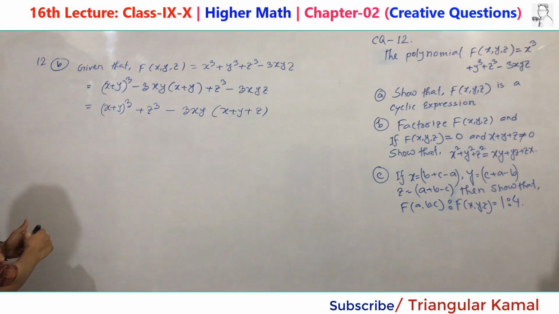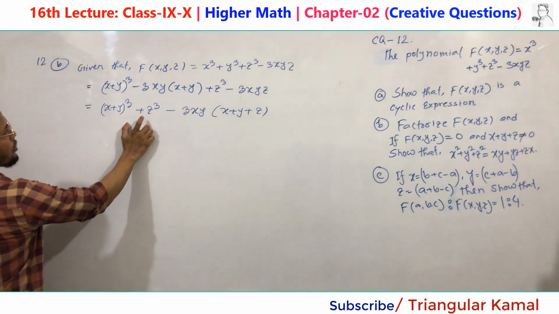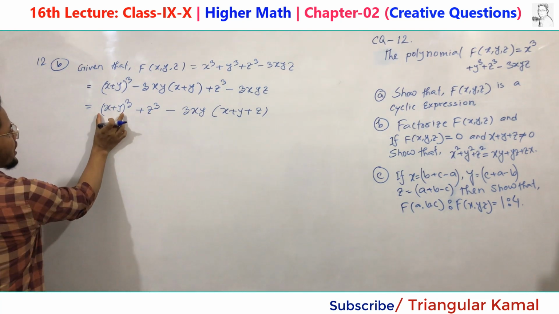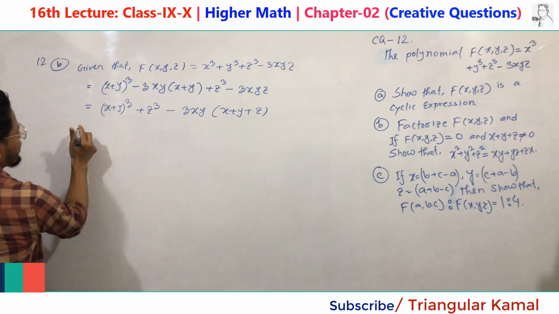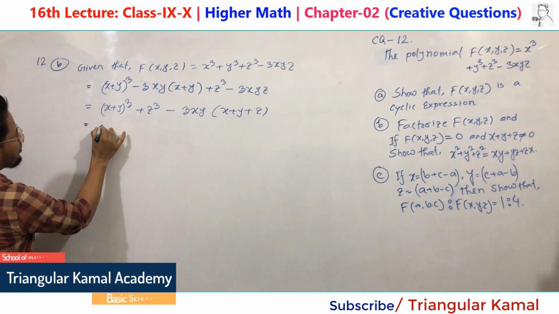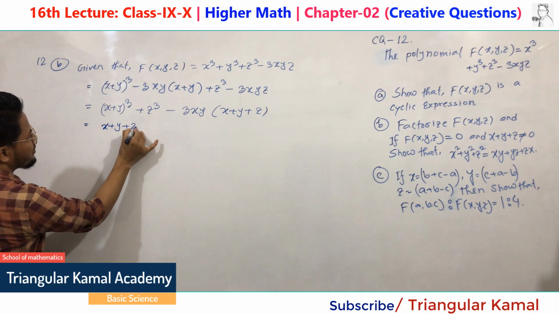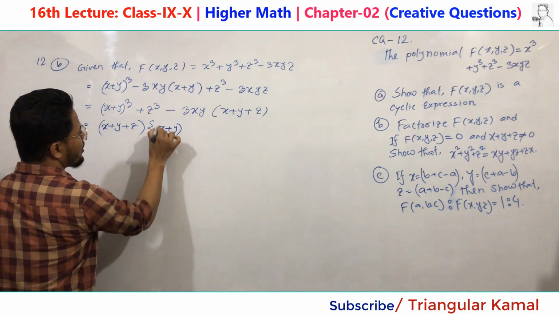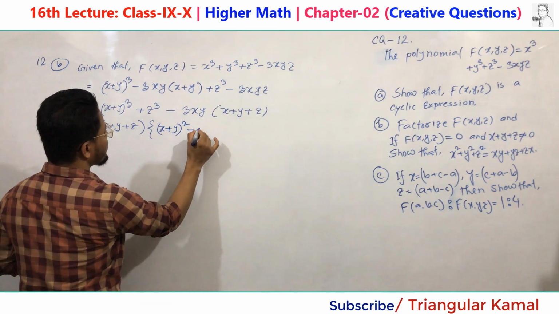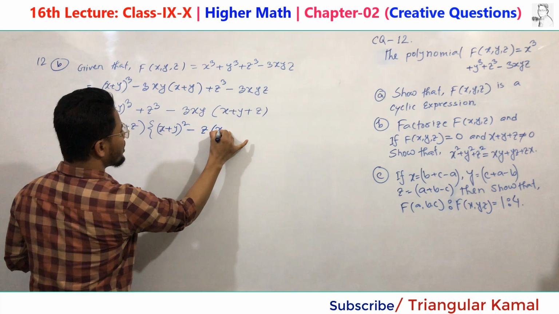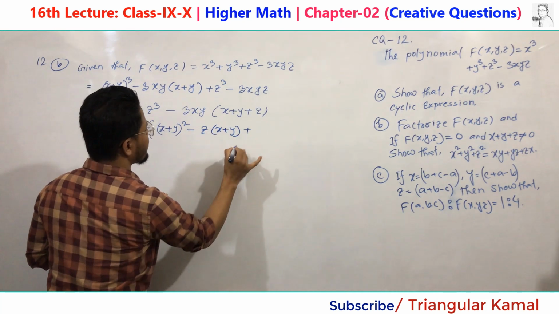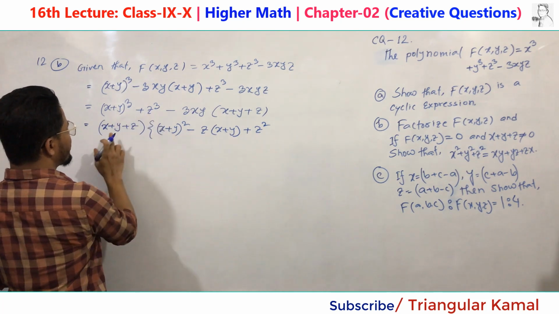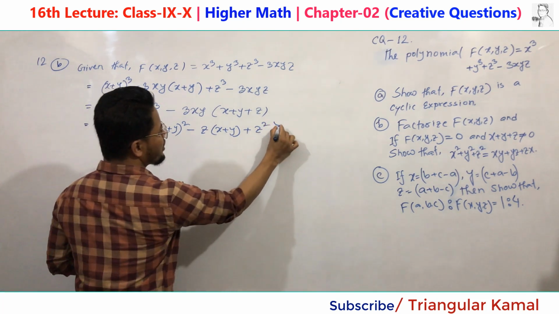Now what you see here is x plus y whole cube plus z cube. So consider this one is a and this one is b. Again you can apply the formula of a cube plus b cube, which is a plus b times a square minus ab plus b square.